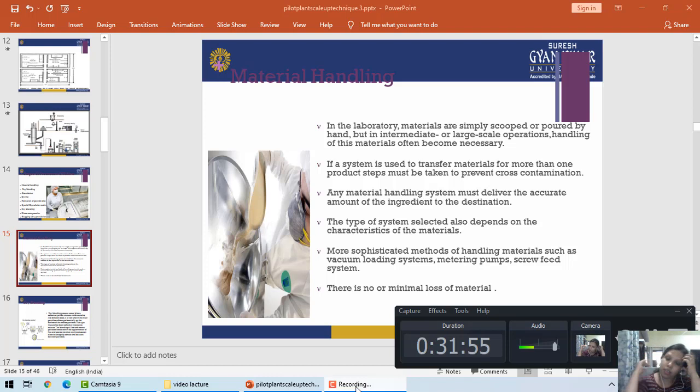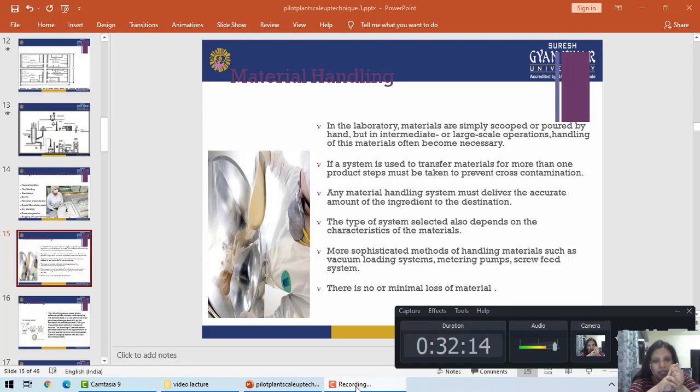So proper handling should be there. Some materials we can weigh and pour by hand with gloves, but for some materials we need certain equipment for the transfer. So this we will consider.